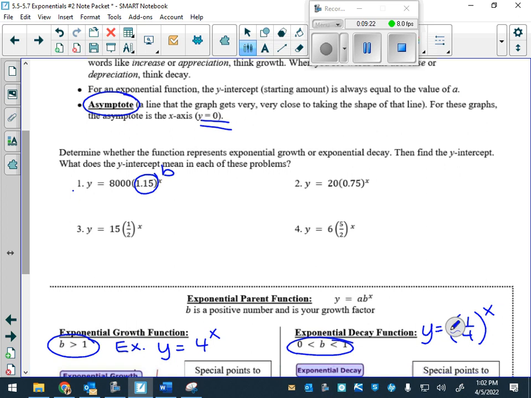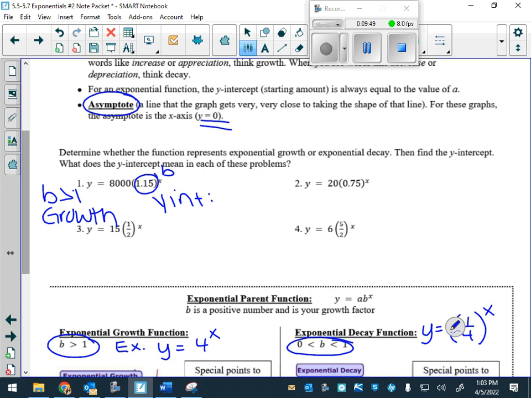Liam? It's greater than 1. So since it's greater than 1, do we have growth or decay? Growth. Good. Now, to find our y-intercept, anytime we need to find our y-intercept, we substitute 0 in for what?